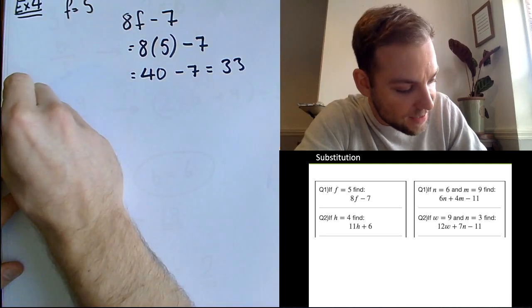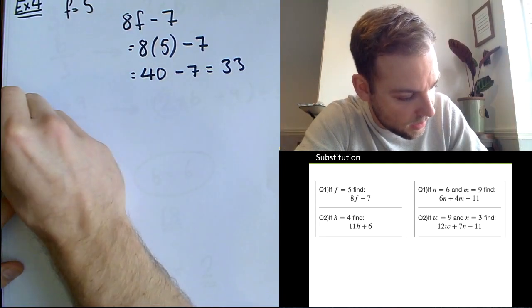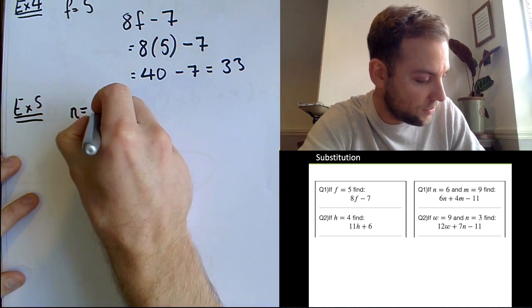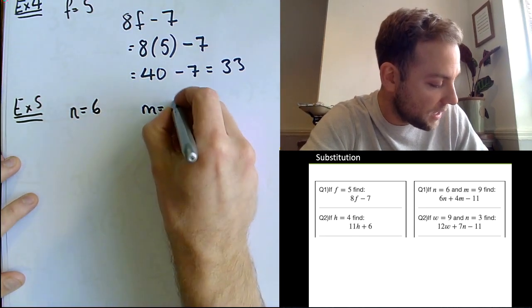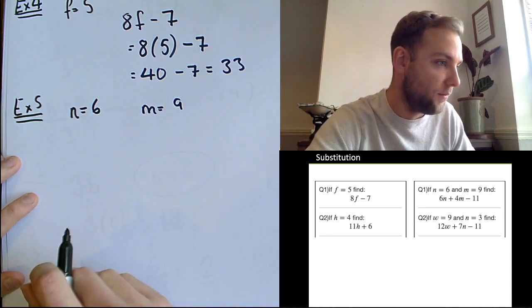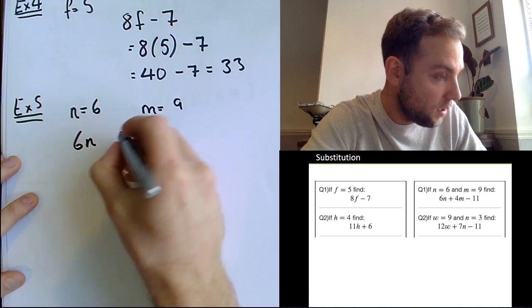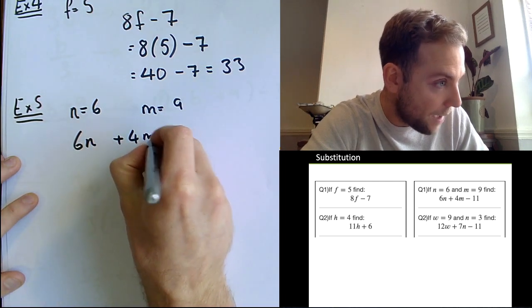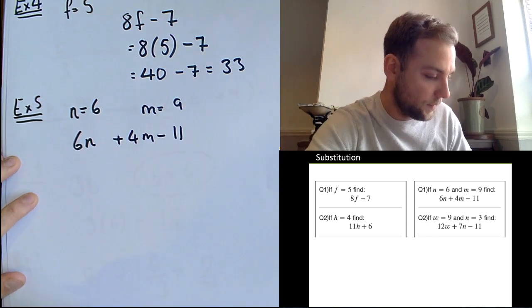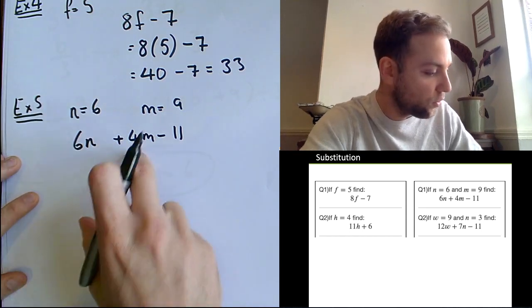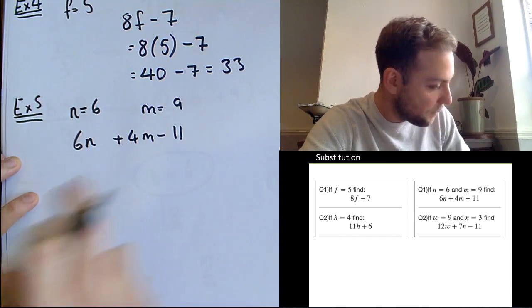Example 5 gets a little bit trickier. Only a little bit. This is now telling us that n is equal to 6, m is equal to 9. So we've got 2 different variables here. And it's telling us 6n plus 4m minus 11. Which means 6 times by n, which we know is 6, plus 4 times by m, which we know is 9, minus 11.